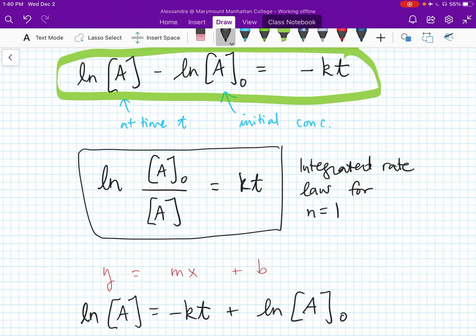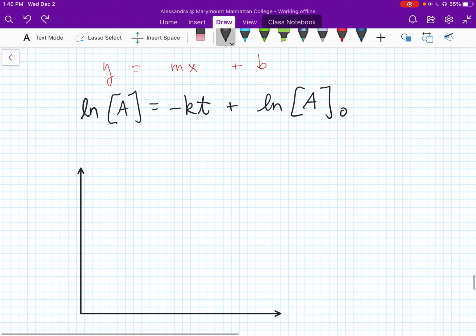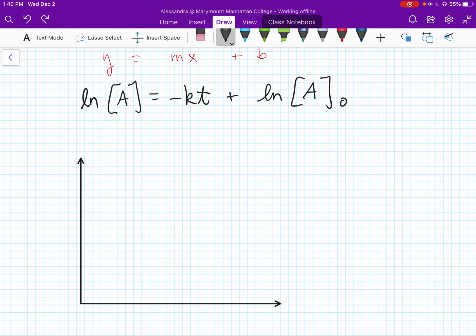So all this is a rearrangement of that equation that I wrote up here. Now, you can see that it's in the form of y equals mx plus b, where y is the natural log of reactant A, and x is t, time. Okay, so this is y in my equation, and the t is equivalent to x in the y equals mx plus b form.